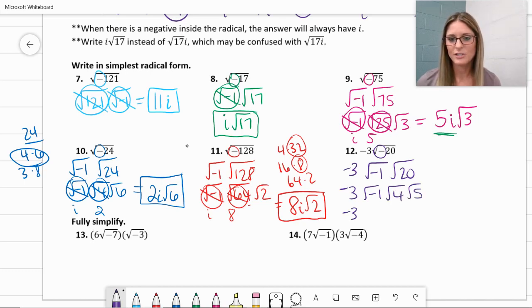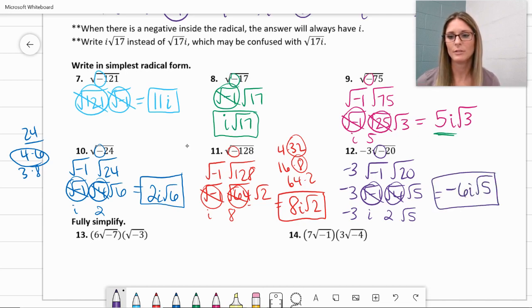All right, -3 is chilling. Square root of a -1 is an i. Square root of 4 is a 2, and we'll have a 5 still in the radical. Put it in the correct order. Now we've got -3 and 2. We've got two numbers. Multiply them together. -6i radical 5 is the final answer there.